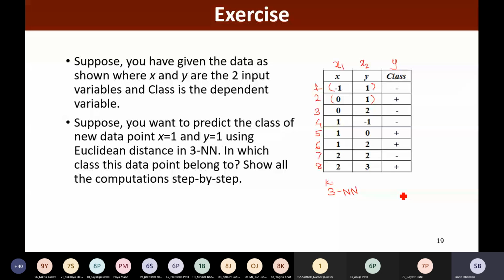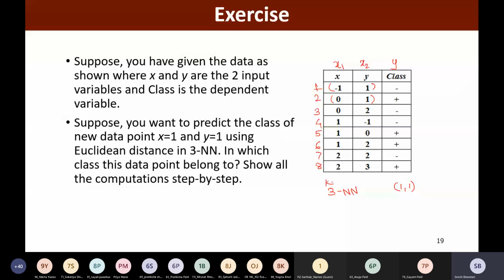You are asked to predict the class for the data point 1, 1, whether it belongs to the positive class or the negative class.